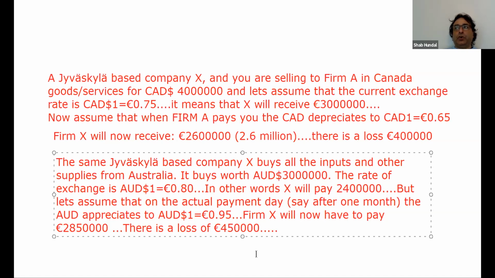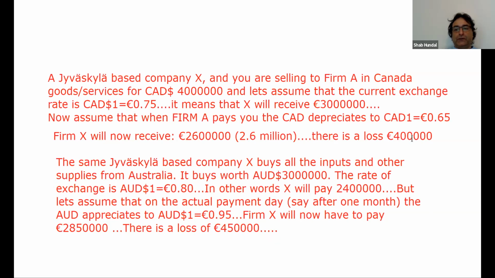In terms of operations, technology, marketing, they can be a state-of-the-art company. But they forgot to hire somebody who has a knowledge of financial risk. And guess what happens? When they sell, there's a loss of 400,000. And when they are buying, there's a loss of 450,000.